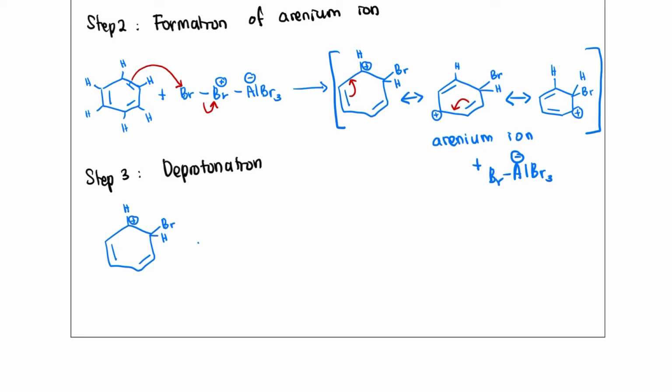Okay, so kita pun reactkan sini Br AlBr3 negatif. Okay, so dekat sini apa yang terjadi adalah this bond between Al and Br here will break. Okay, and this Br akan jadi kaya elektron. So this Br will go and get the hydrogen.